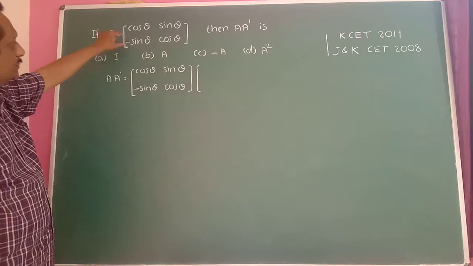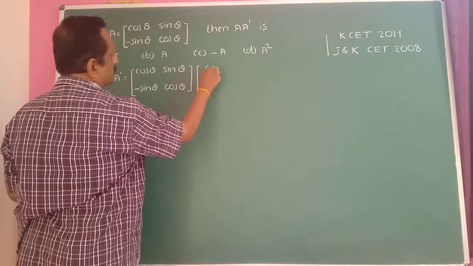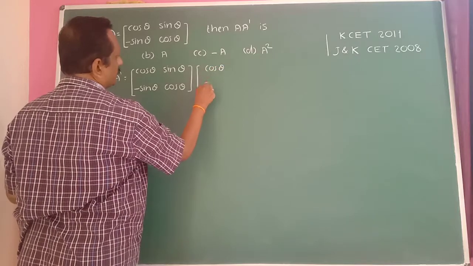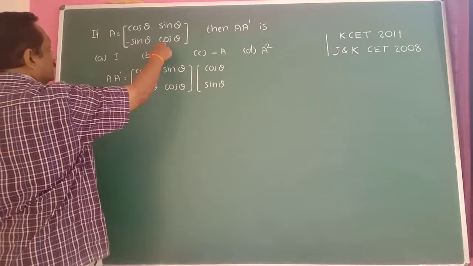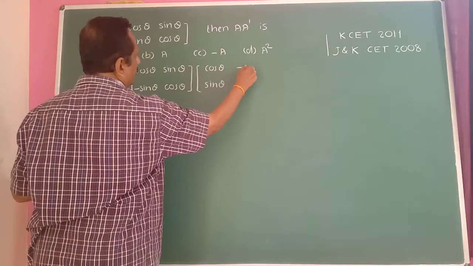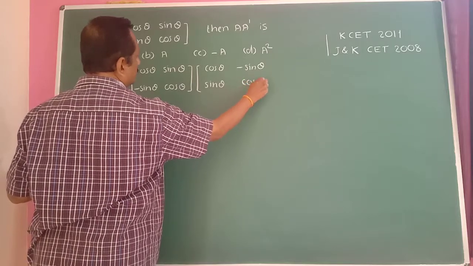So cos theta, sin theta, written in the column: cos theta and sin theta. Then minus sin theta, cos theta, written in the column: minus of sin theta, and here it is cos of theta.